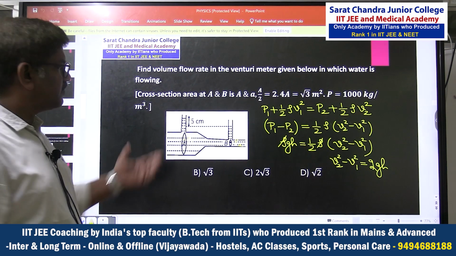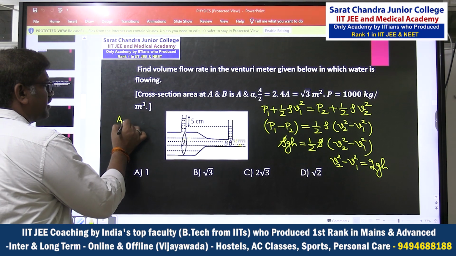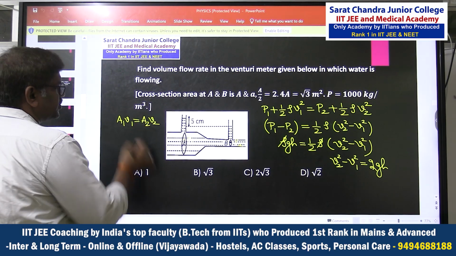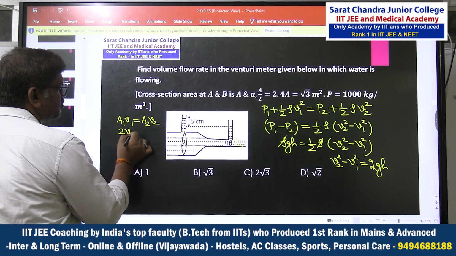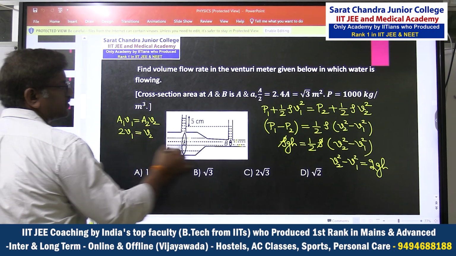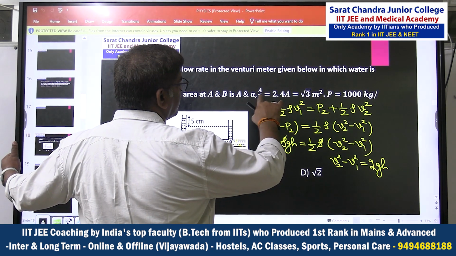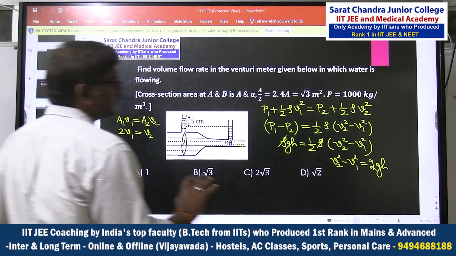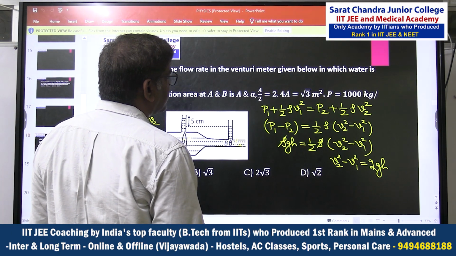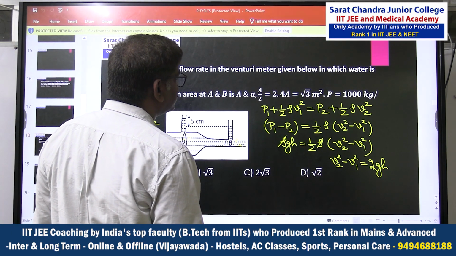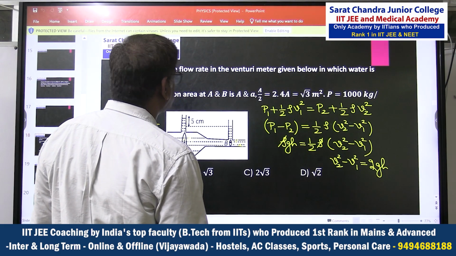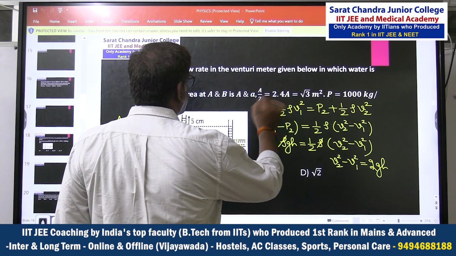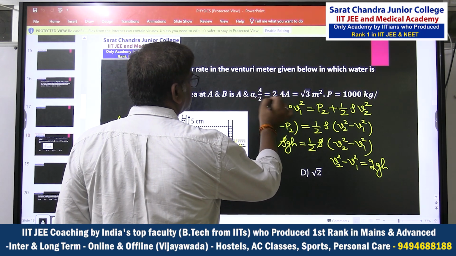Now, the second equation which you are using is A1 V1 equals A2 V2, that is the equation of continuity. The ratio of A1 by A2 is given to you as 2:1. All right, these values are not correct.